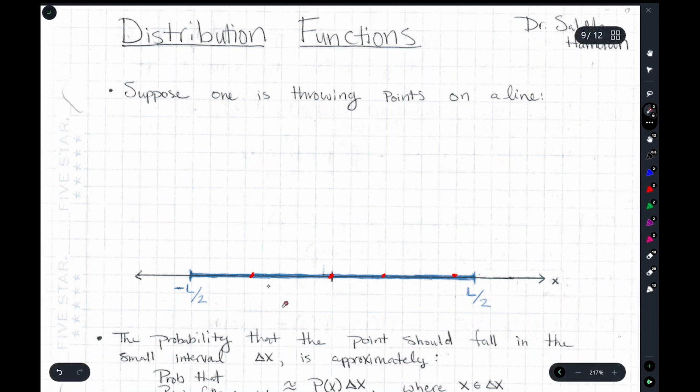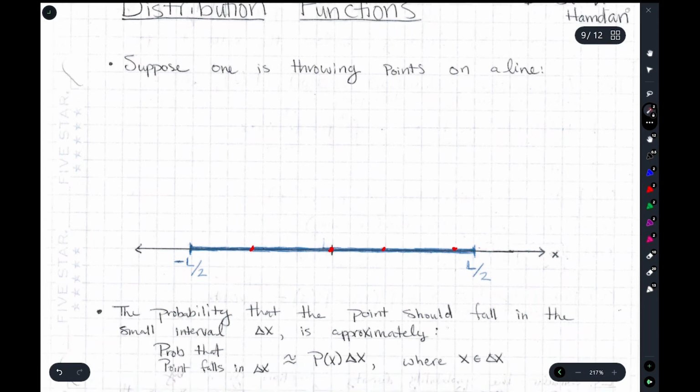How do you remedy that problem when you're talking about a continuous distribution, a continuous number of possibilities, an infinite number of possibilities? Here, rather than talking about the probability of landing at any one point, you talk about it landing on an interval. So in the continuous case, we start talking about intervals.